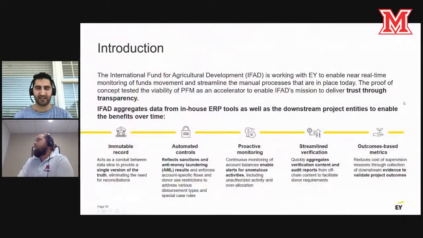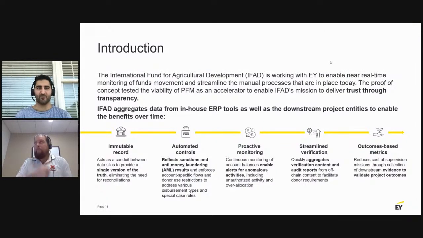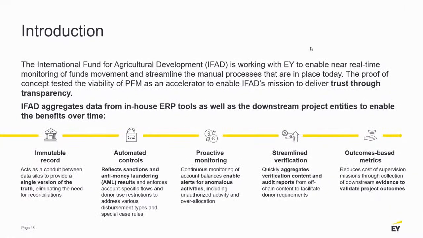And so if we go to the next slide, IFAD was the client we worked with, and they are the International Fund for Agriculture Development. What they do is they receive donations earmarked for development of third world countries or growing developing economies, and help them develop agriculturally.